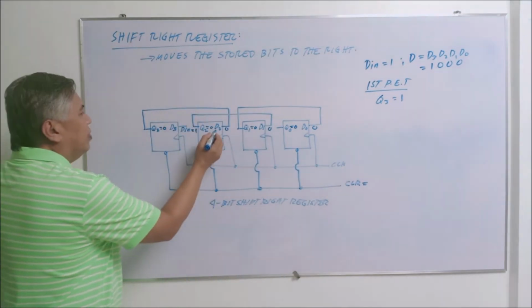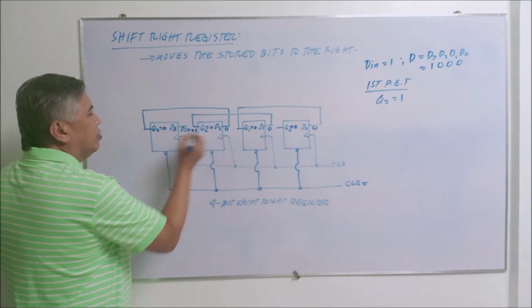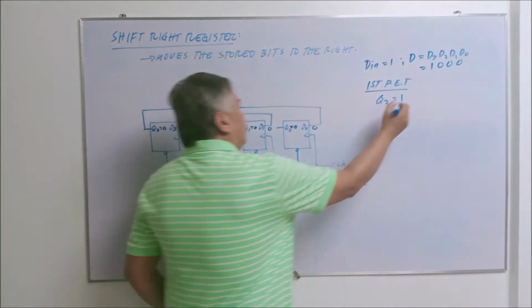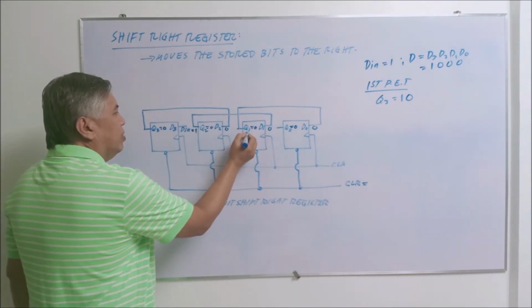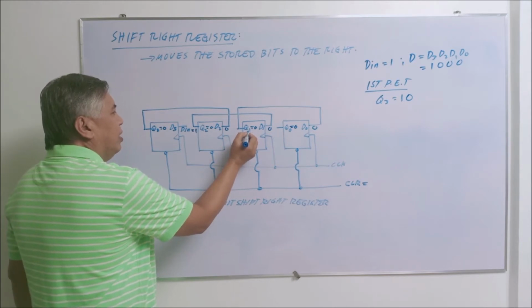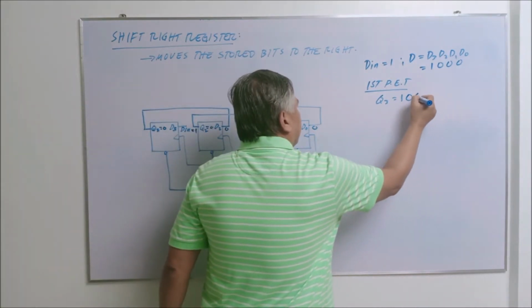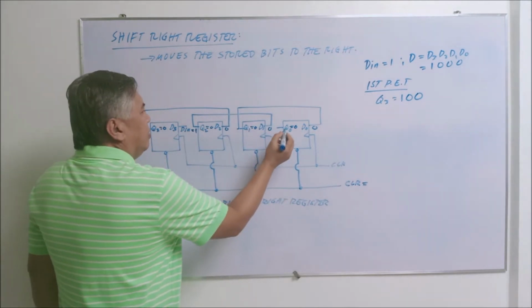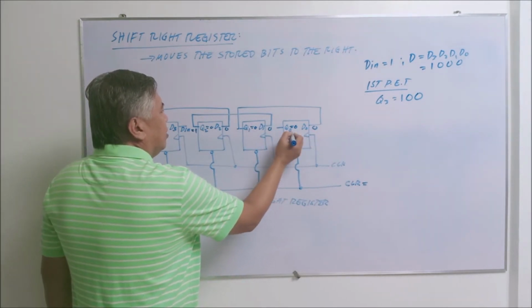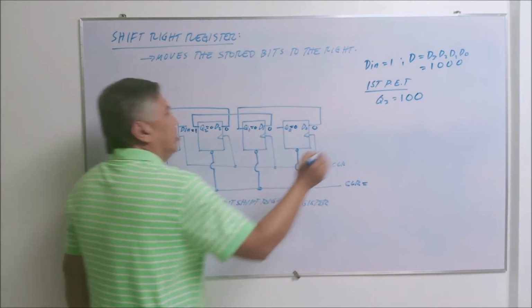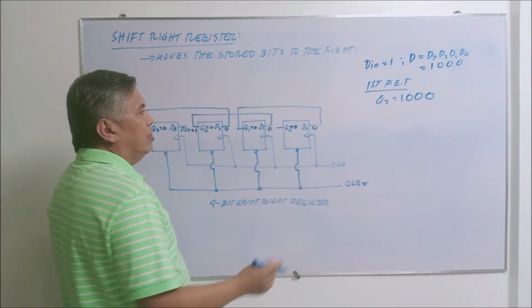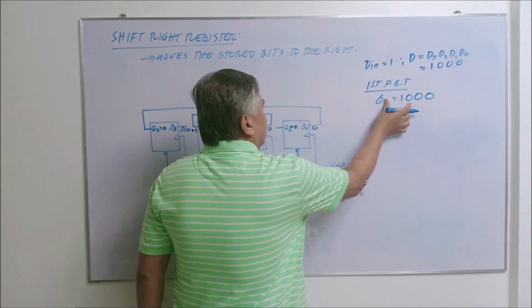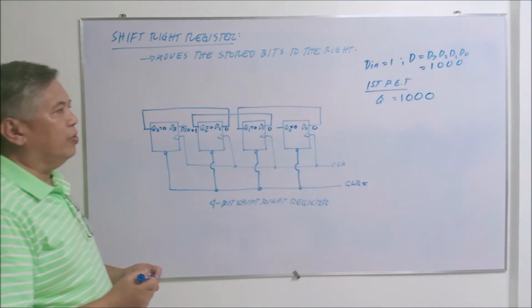The value of D sub 2, which is 0, is stored in Q sub 2, so Q sub 2 is 0. The value of D sub 1 is stored in Q sub 1, so Q sub 1 is 0. And the value of D sub 0, which is 0, is stored in Q sub 0, so Q sub 0 is 0.